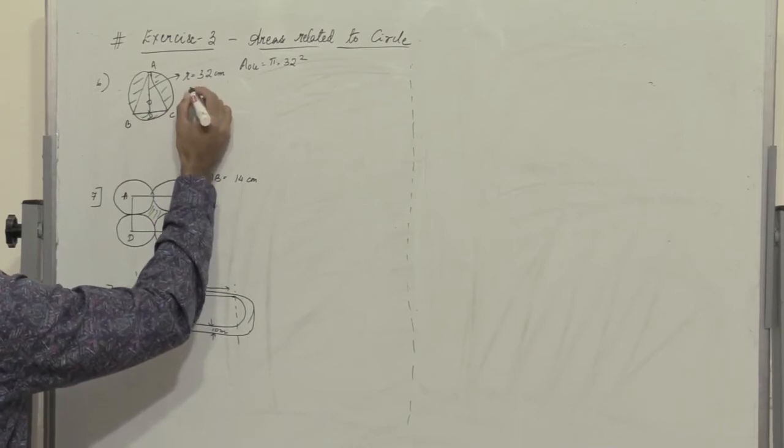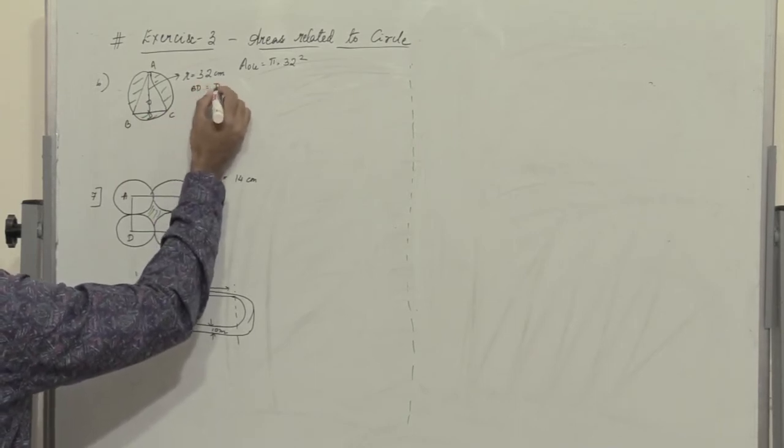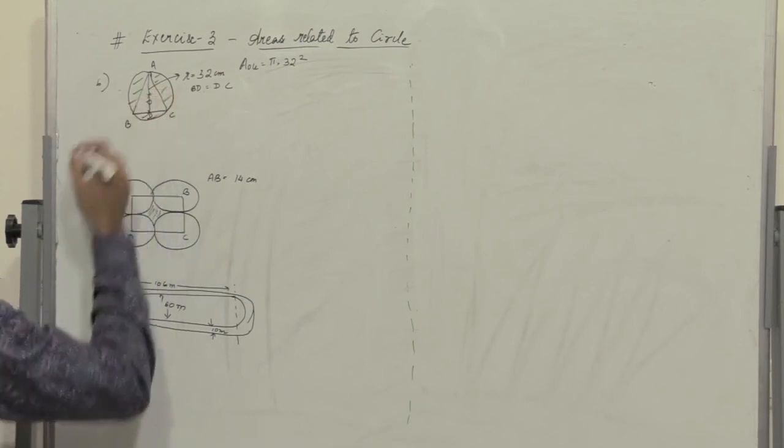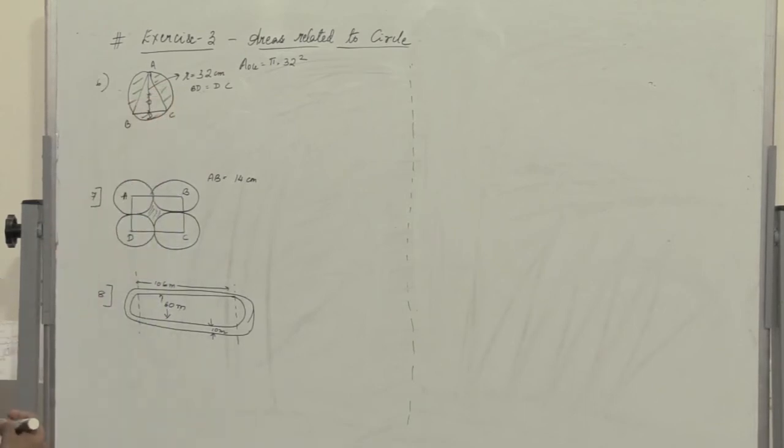So therefore, BD is equal to DC, and OA happens to be the radius here. Right?